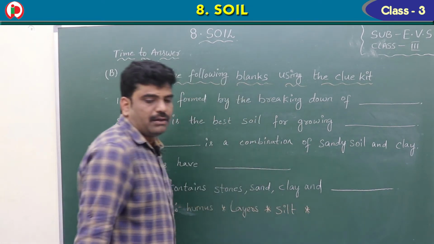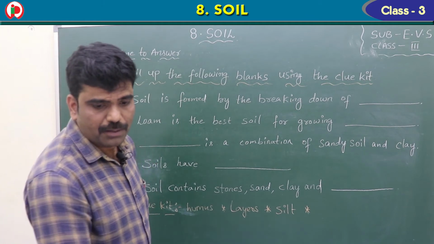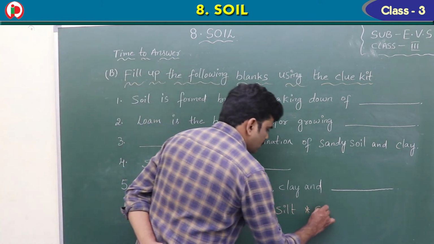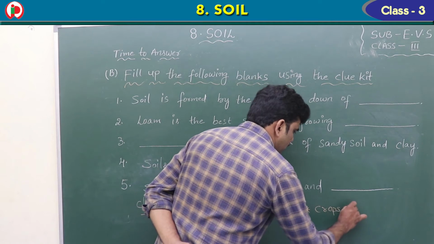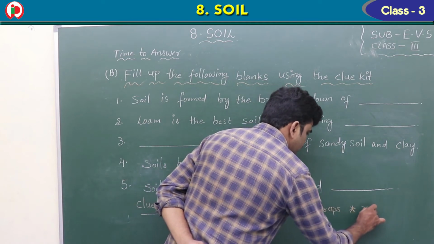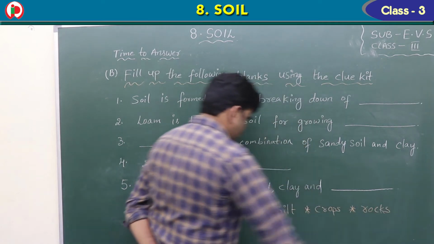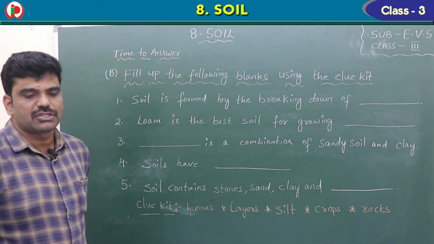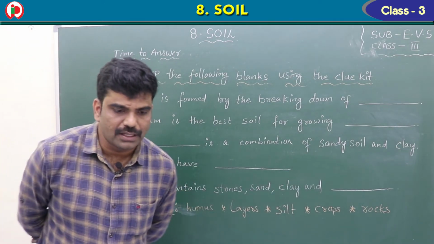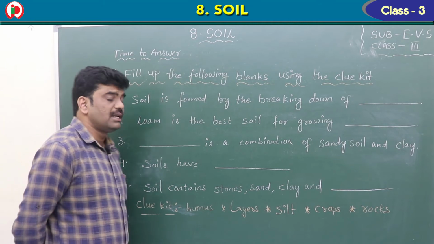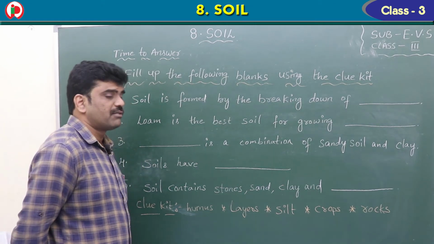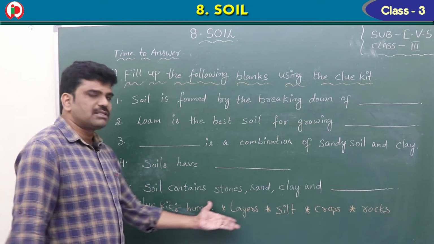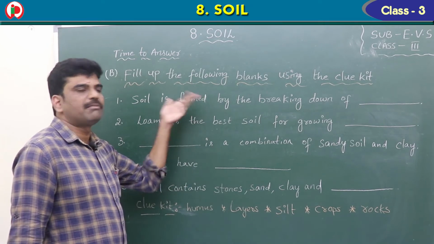Fourth one is crops, and fifth one is rocks. So these are the clues. What is the first clue? Humus. Second clue is layers. Third one is silt. Fourth one is crops, and fifth one is rocks. So using these clues you can fill up the following blanks.